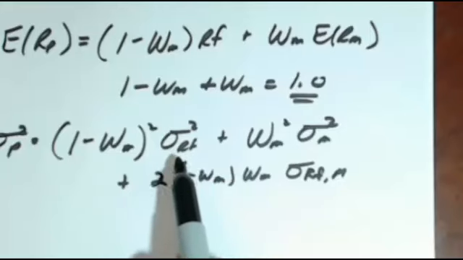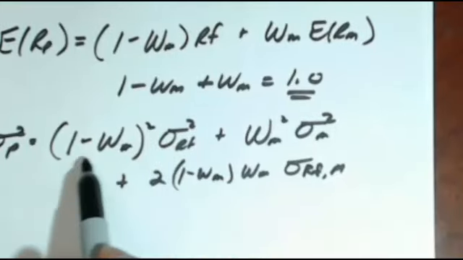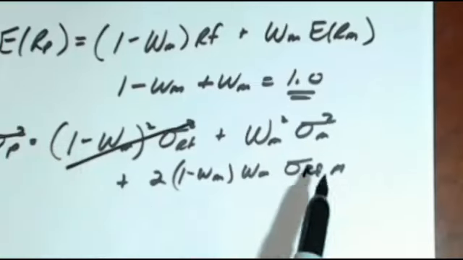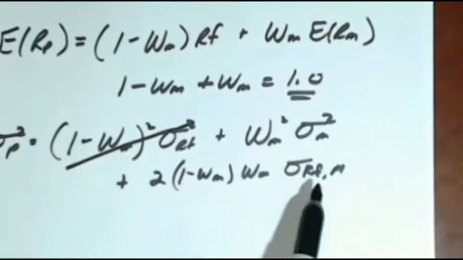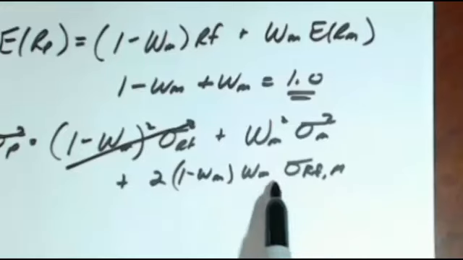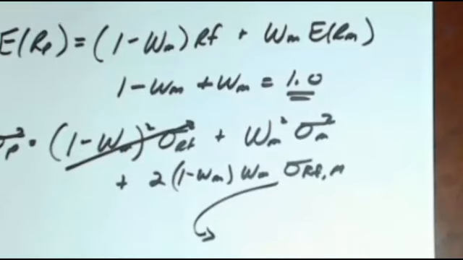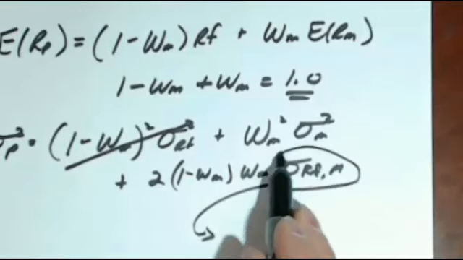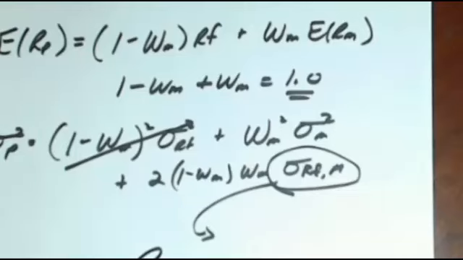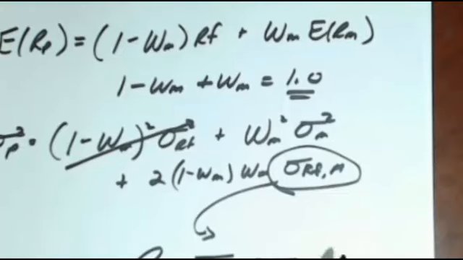And we know that the variance of the risk-free asset, how much risk is in the risk-free asset? In other words, that doesn't make any sense. We know that that's zero. There's no volatility in that. And we know that the covariance between the market and the risk-free asset is zero. So what I'm saying is the covariance of any asset with the risk-free asset, such as a T-bill, is always zero, because mathematically this component boils down to the correlation of the risk-free asset and the market times the standard deviation of the risk-free asset times the standard deviation of the market.